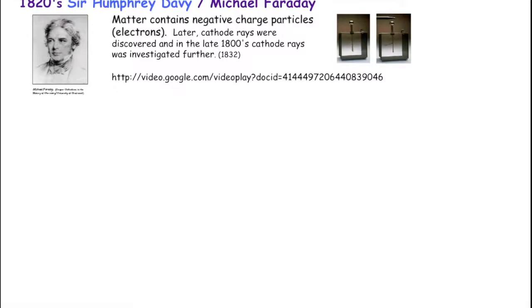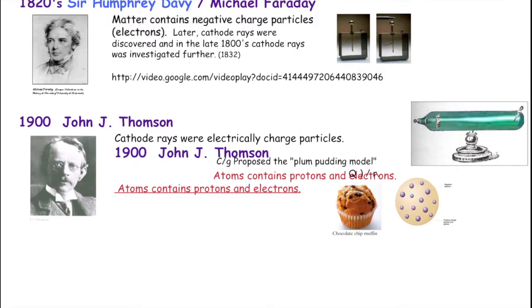And some of these key individuals are Michael Faraday. He actually discovered or realized that matter contained negative charges, and so matter had negative charge embedded in it. J.J. Thomson gave us a better understanding of the atom and said that an atom is kind of like a chocolate chip muffin, in that it's mostly a positive sphere, but it's embedded with negative electrons.